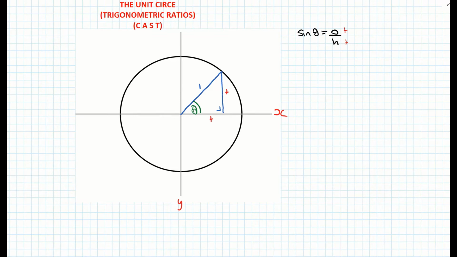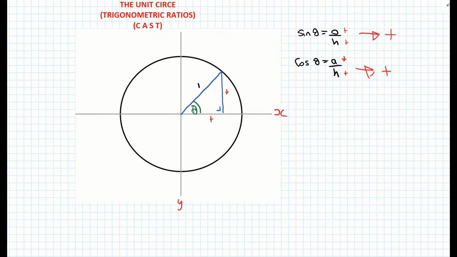What happens if we do the cos of theta? Well, my cos is going to be adjacent over hypotenuse. Once again, I'm focusing in on my triangle here. My adjacent is positive, my hypotenuse is 1, both positive. So adjacent is positive, hypotenuse is positive. Therefore, my answer for cos of the angle must be positive. The answer for sine must be positive.